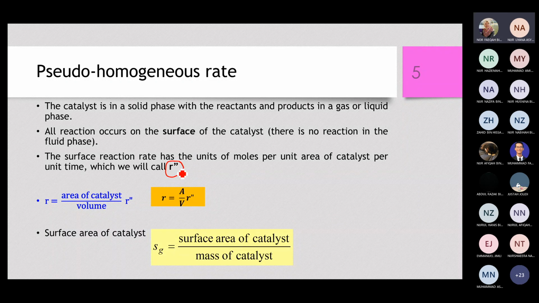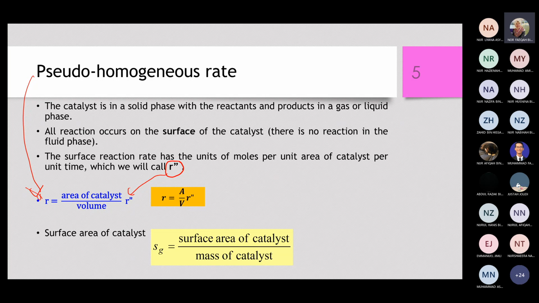And this catalytic rate reaction, if we multiply it with the surface area of catalyst, yang ni sama lah dengan yang ni. Okay, catalytic rate reaction multiply with the area of catalyst per volume that occupied by the catalyst. So we will get the rate reaction. So these, we call it as a pseudo homogeneous rate.